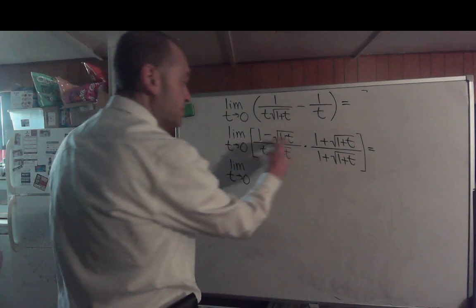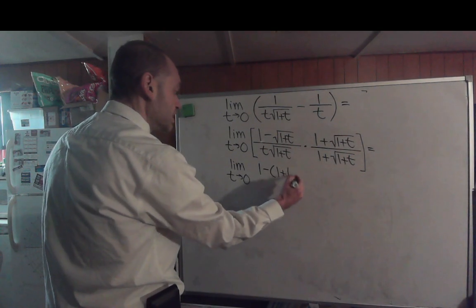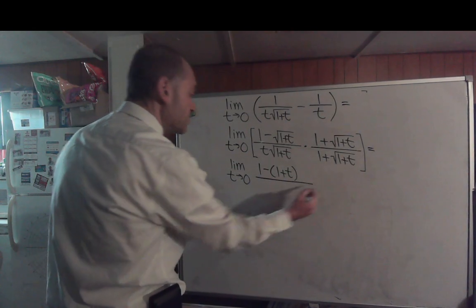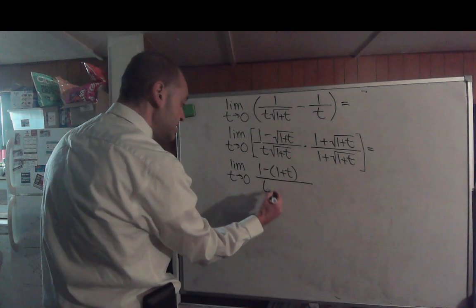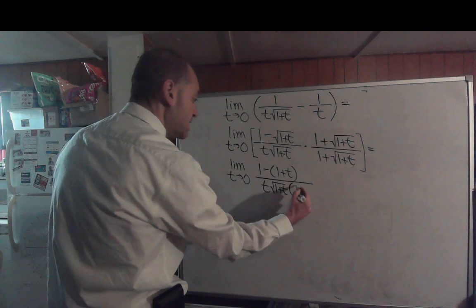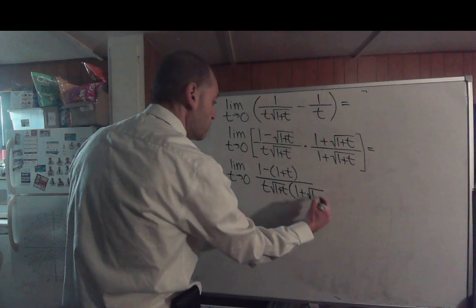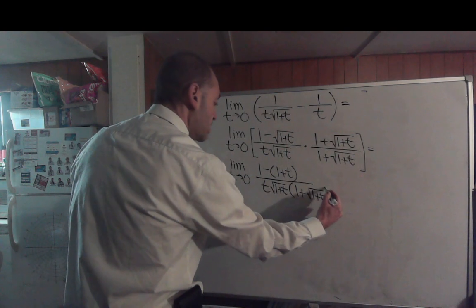When you FOIL out the numerator, you would end up getting 1 minus the quantity of 1 plus t, all that divided by t times the square root of 1 plus t times the quantity of 1 plus the square root of 1 plus t. All that.